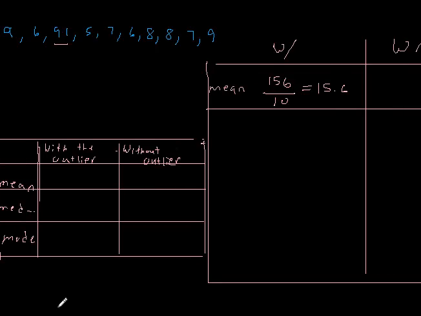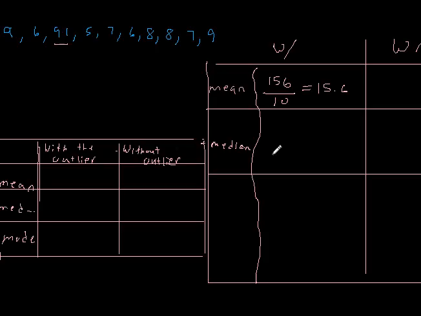Let's look at the median next. I said I was just going to spell that MED, but let's fill it out. Well, the median here, using all of these values, the first thing I've got to do is reorder them from least to greatest.